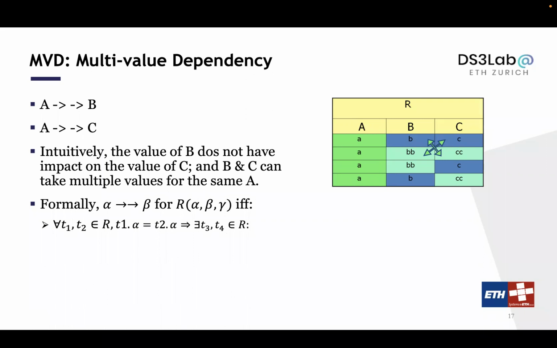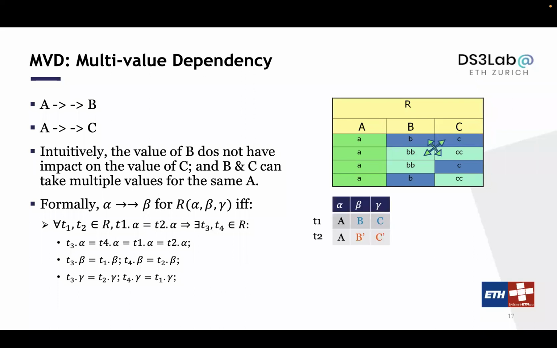For any pair T1 and T2 in R, if they share the same value on alpha, it implies that you are able to find T3 and T4, another 2 tuples, which could be the same tuple, to be honest, such that they all match on alpha. But T3 takes the beta from T1, T4 takes the beta from T2, and T3 takes the gamma from T2, the different one, and T4 takes the gamma from T1.